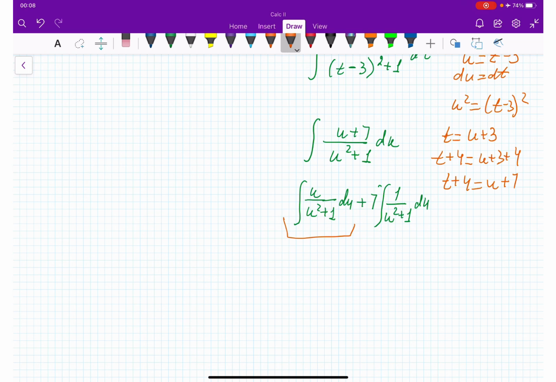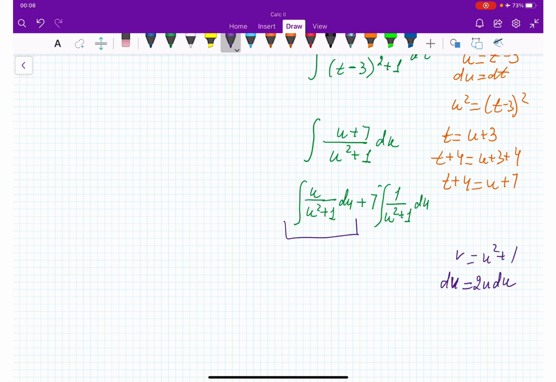I'm going to work out this piece of the integral only, okay? Let me use this color. So v is equal to u squared plus 1, which means dv is going to be equal to 2u du, right?